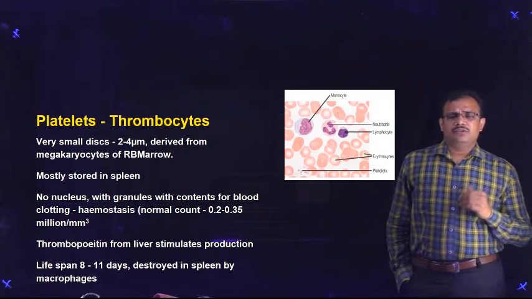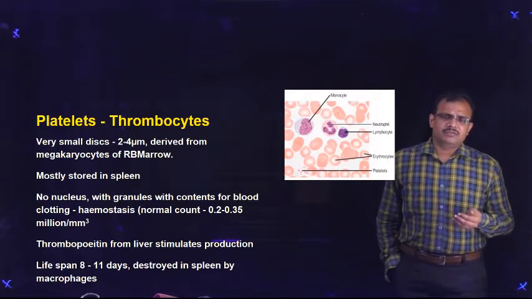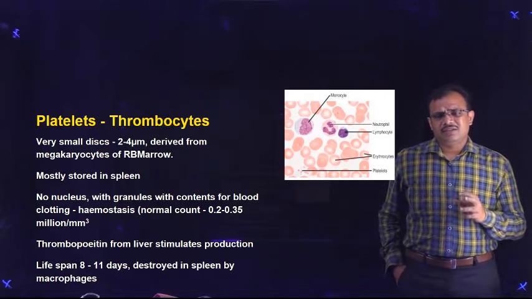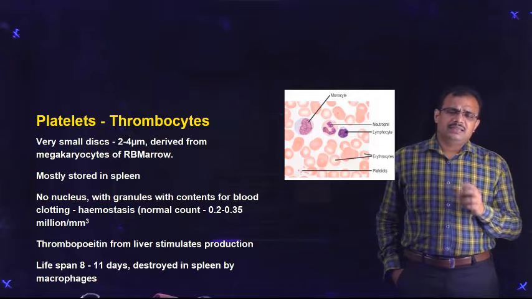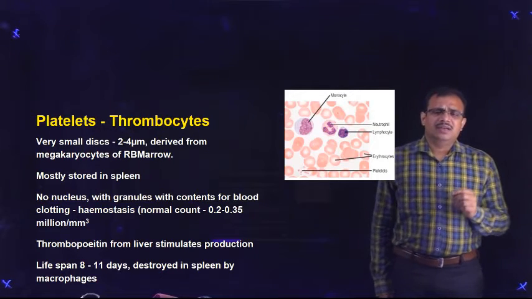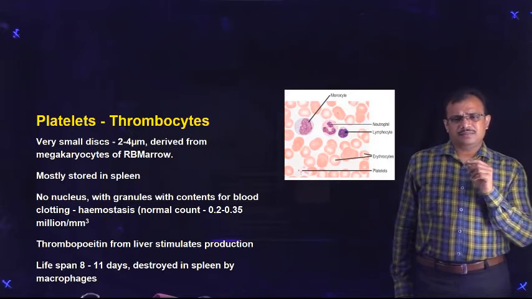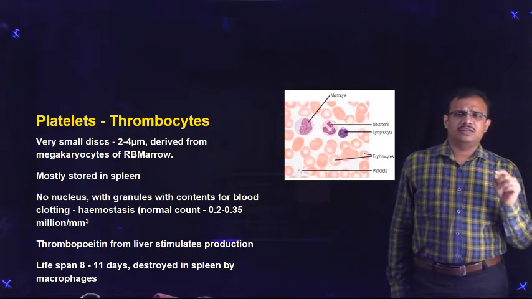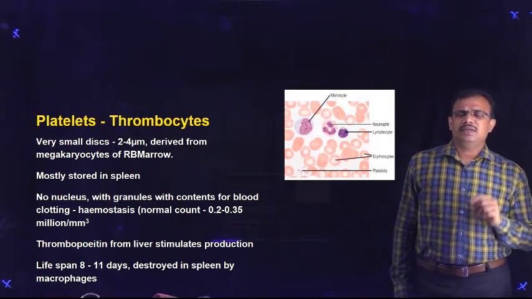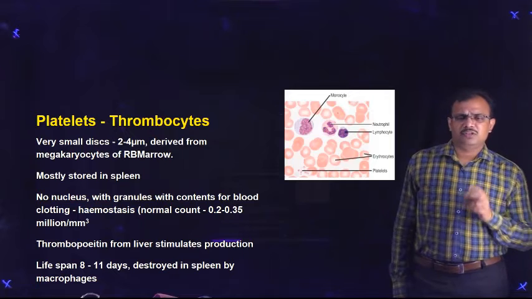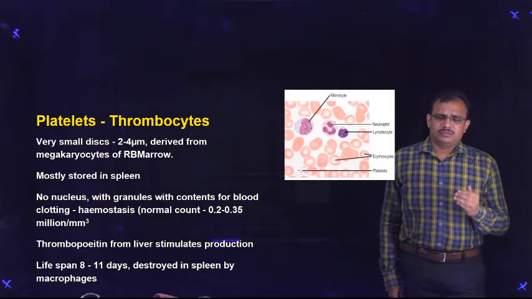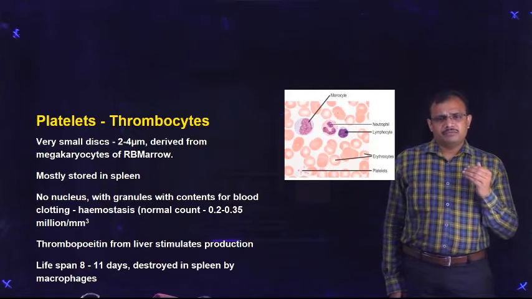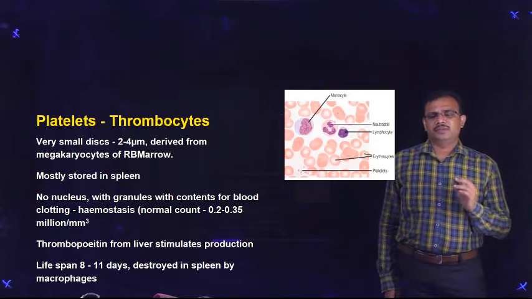But thrombocytes have granules with contents of substances which are essential for clotting of blood, and they play a very important role in homeostasis, that is prevention of blood loss. In this homeostatic mechanism, platelets play a very important role, and they number approximately 2 to 3.5 lakhs of cells per cubic millimeter.